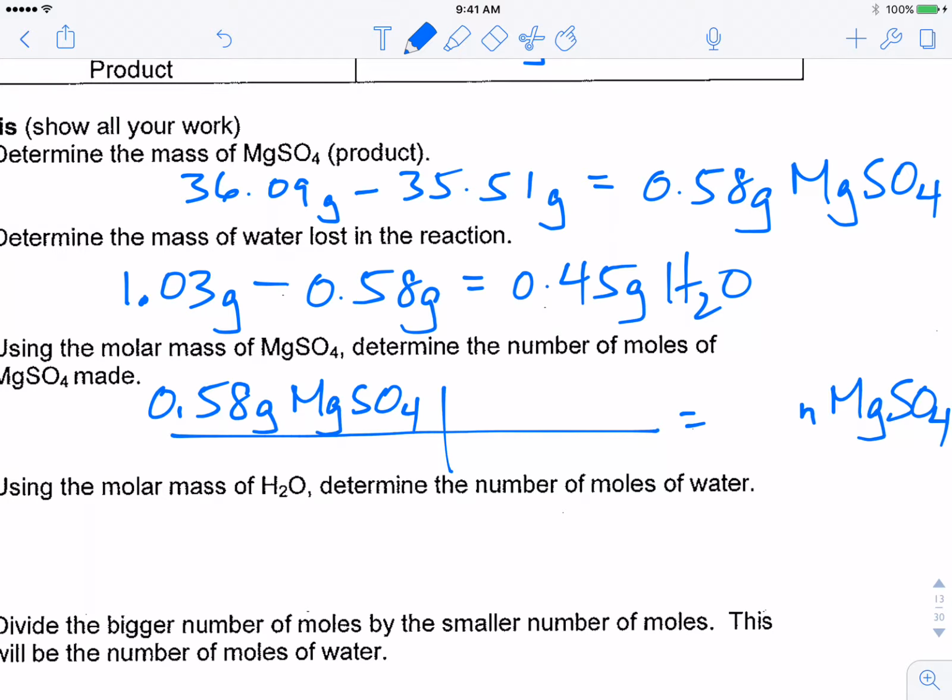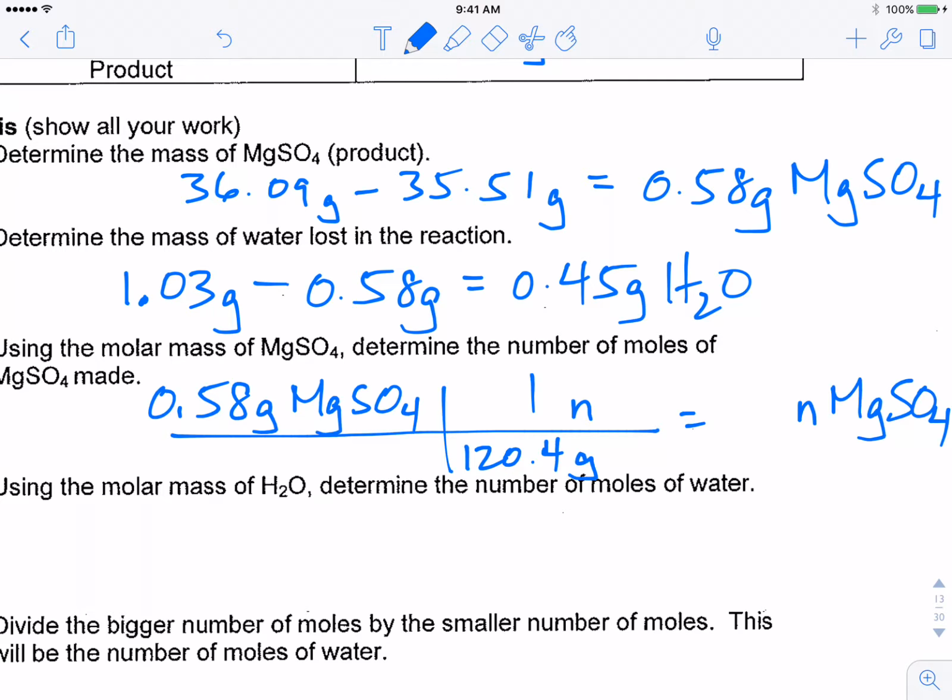Remember, our abbreviation for moles is the letter n. So I'm going to put my units of grams on the bottom and moles on top. When you're comparing grams and moles, the relationship is always the molar mass, which says for every 1 mole, it'll weigh a certain number of grams, which you would get from our periodic table. So our molar mass of MgSO4 is 120.4 grams.